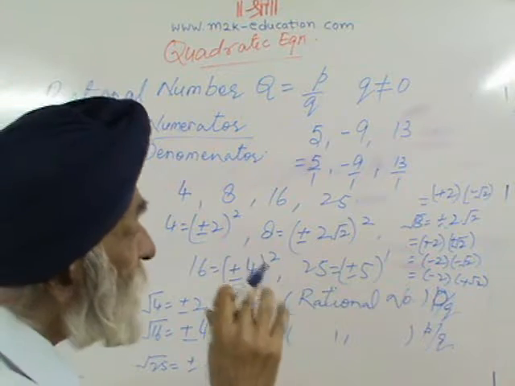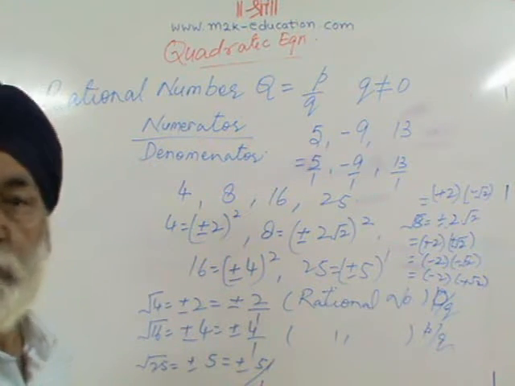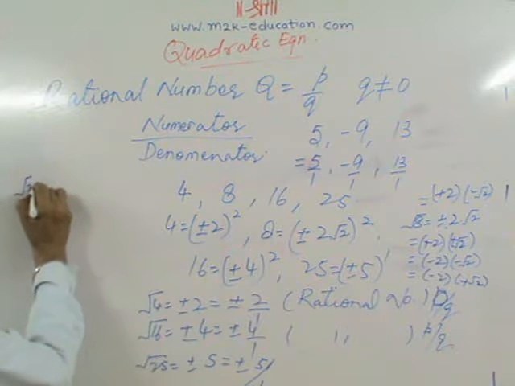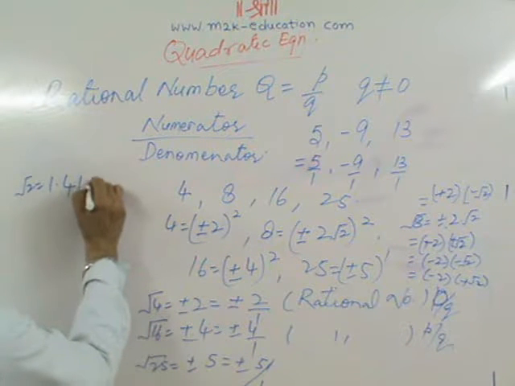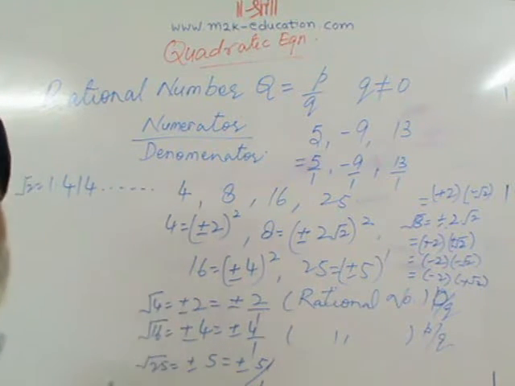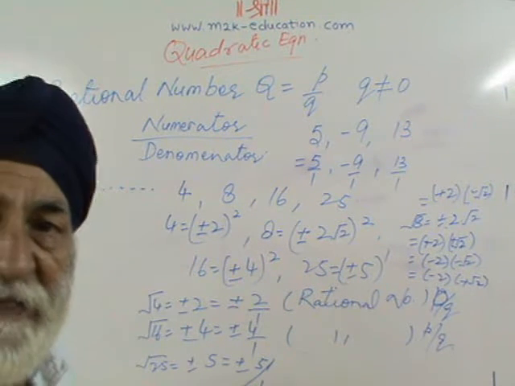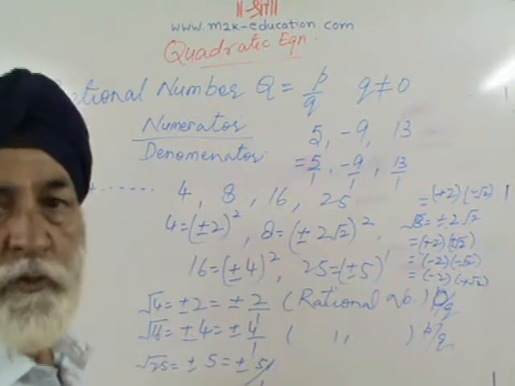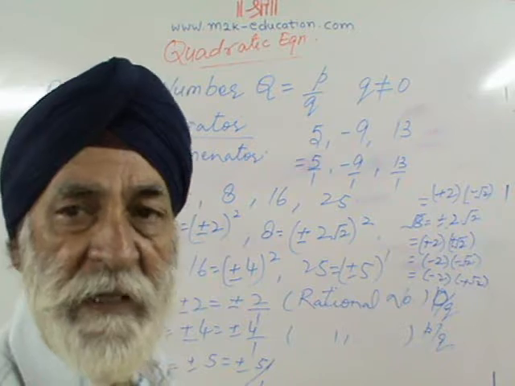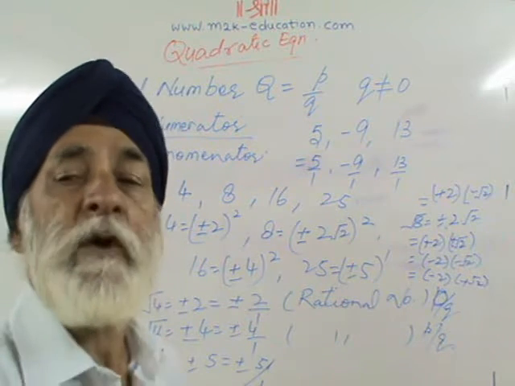Now, finding the answer for root 2, you will find that root 2 is 1.414 and it goes on but does not finish. The exact value of root 2, root 3, root 5, root 6, root 7 cannot be found out.